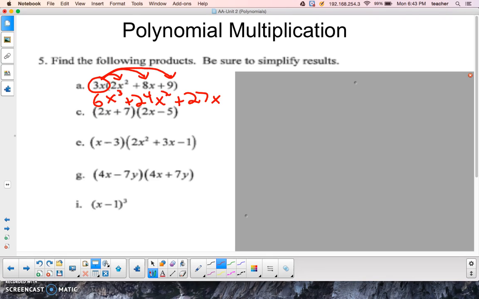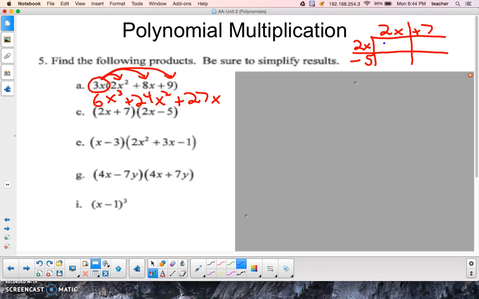Every piece in the first set of parentheses has to get multiplied to every piece in the second set of parentheses. And so to do that, we can make a box, 2x plus 7 down one side, or across one side, it doesn't matter which, and 2x minus 5 in the other. So one goes in the row, one goes in the column. And then you multiply each row and column and fill in your boxes with the product.